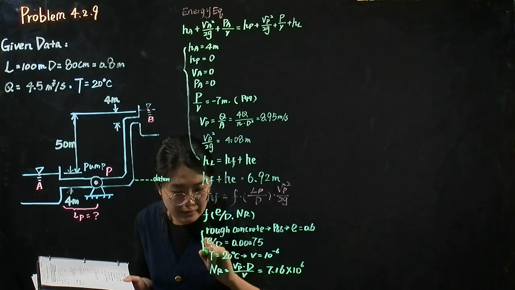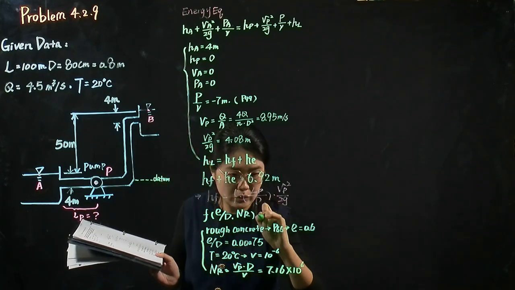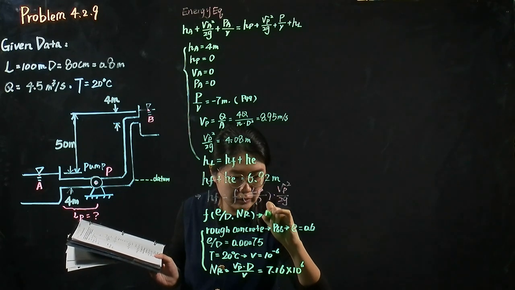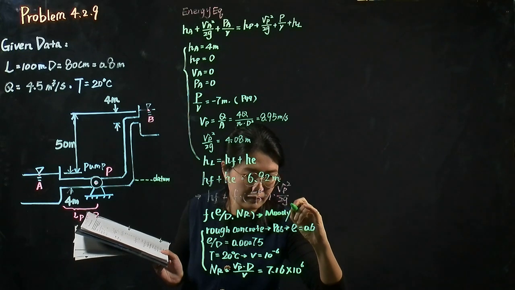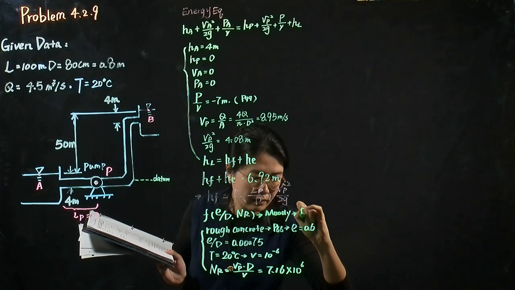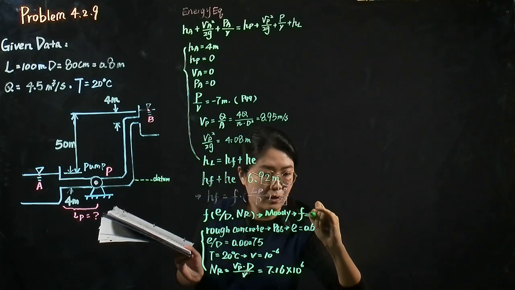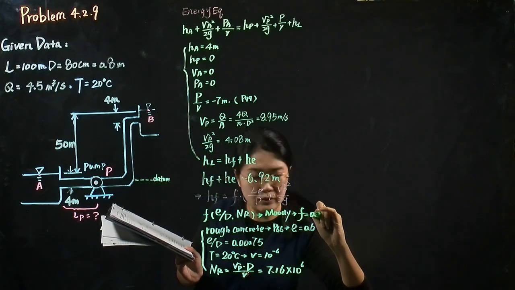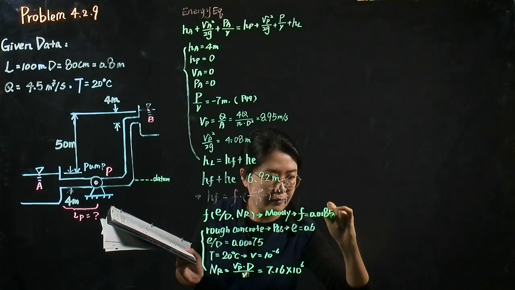After we know the relative roughness and the Reynolds number, we can search the friction factor on the Moody diagram. The friction factor equals 0.0185.